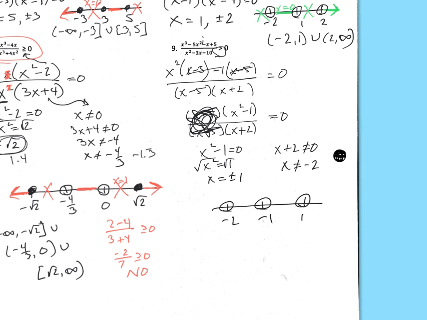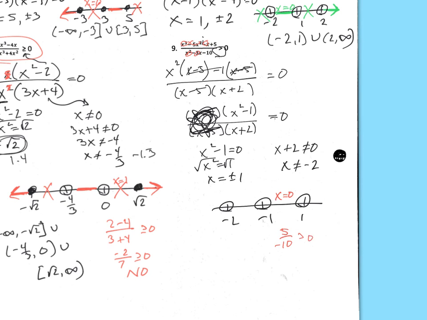Select a test point, which I'm going to pick 0. 0 lives between the positive and the negative. We go back up to the original, the only place that has that inequality. All those x's are 0, so you end up with 5. All these x's are 0s, so we end up with -10 on the bottom.